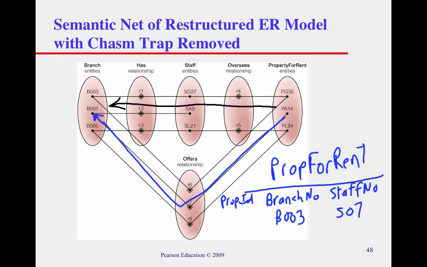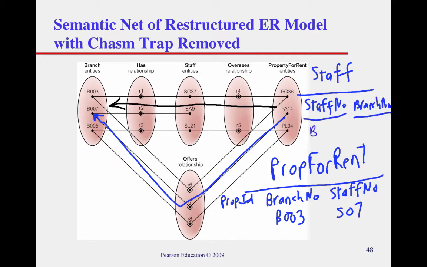Very good. There's a possible update inconsistency now because in staff, there's also staff number and branch number. And now you have redundant data. So to fix the chasm trap, we did it by introducing redundant data into our database.